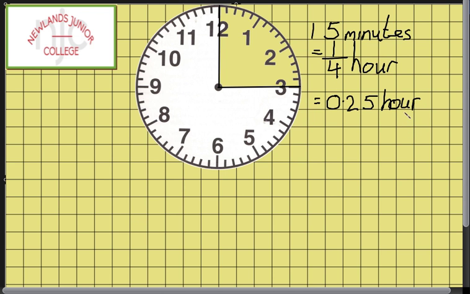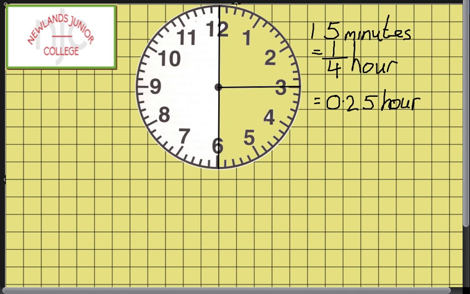Okay, let's have a look now at what 30 minutes is going to look like on our clock face. Okay, so here we now have half an hour shaded in on the clock. That's the same as 30 minutes.